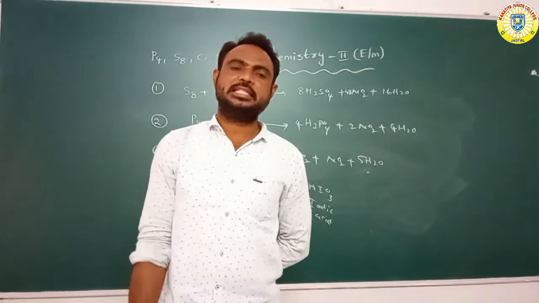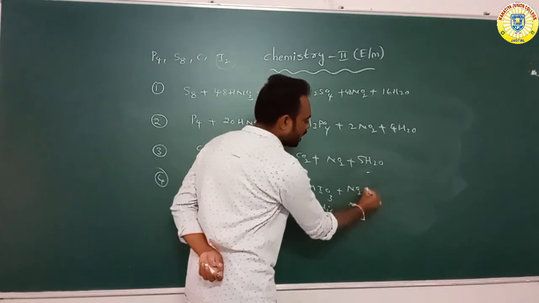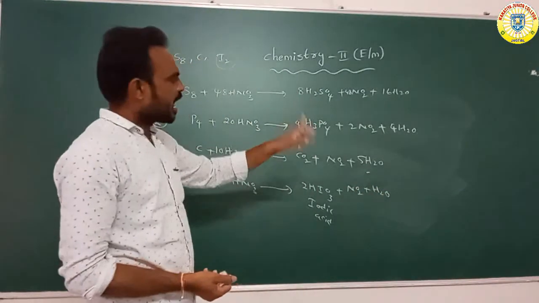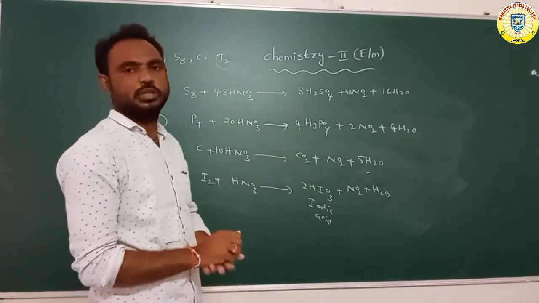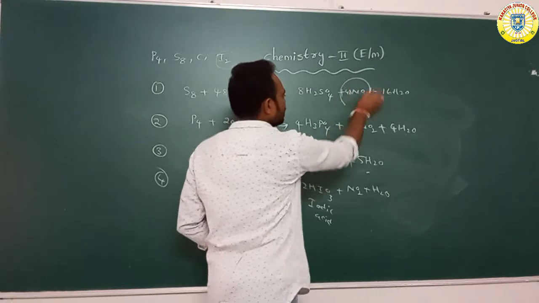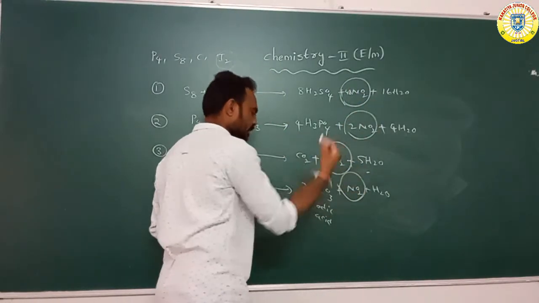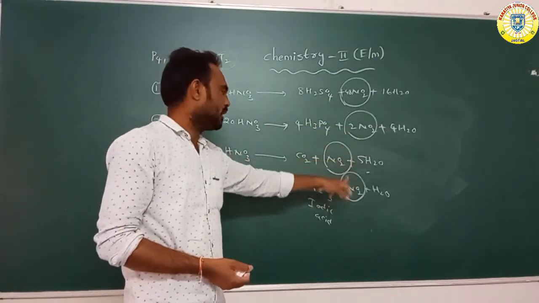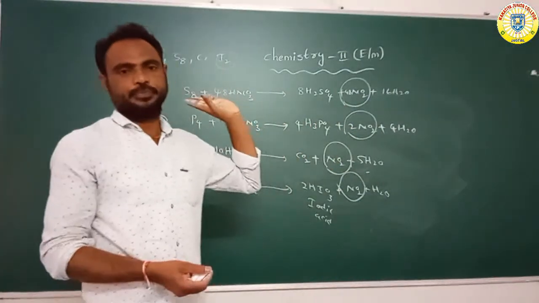HIO3, iodic acid. Next in this reaction, NO2 nitrogen dioxide and water molecules. Each reaction forms water molecules and, at the same time, nitrogen dioxide.